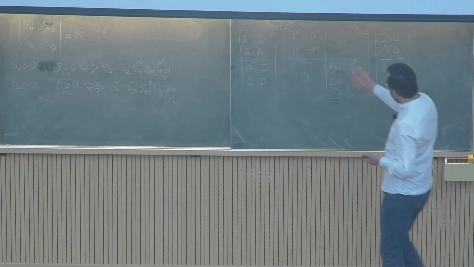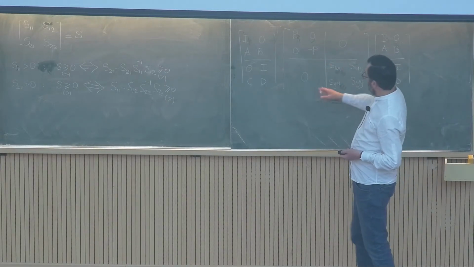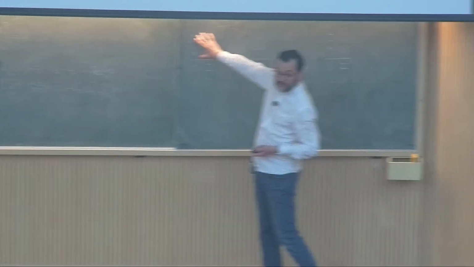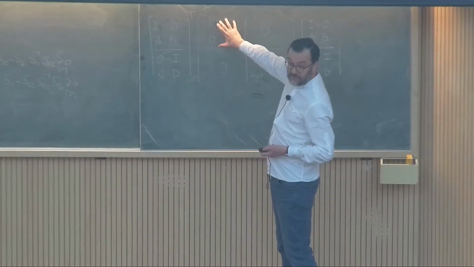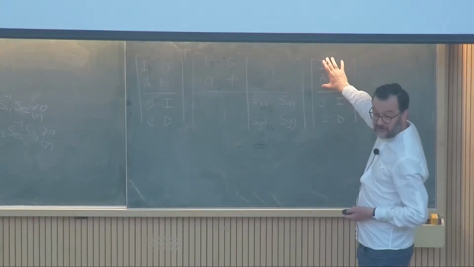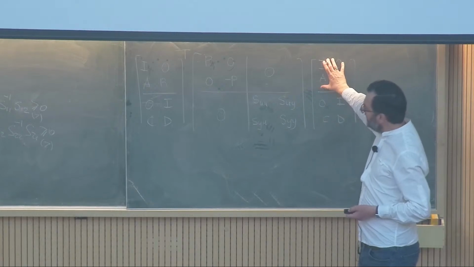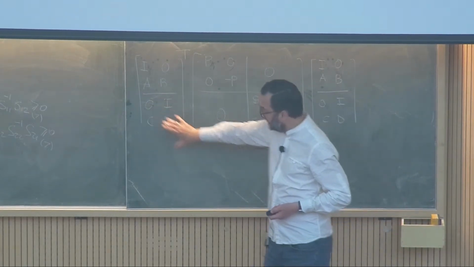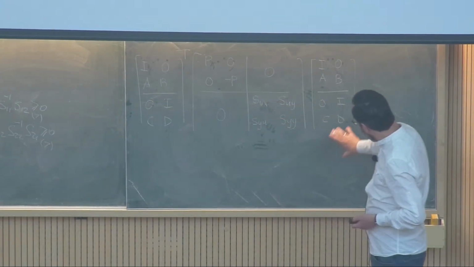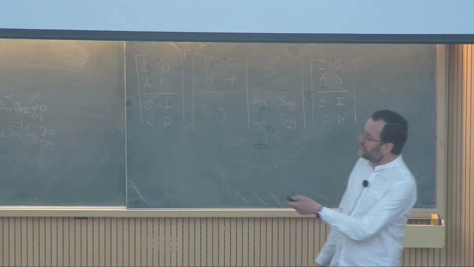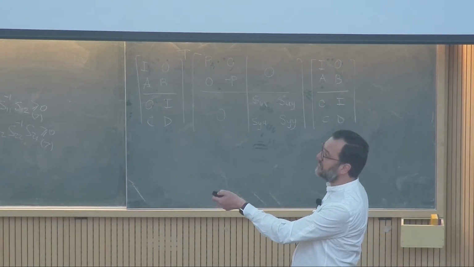Because this is block diagonal, I'm going to have the AB related part times the P related part times the AB related part, plus the CD related part times the S related part times the CD related part. So it's going to be exactly equal to star.